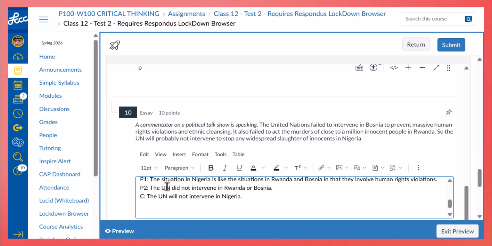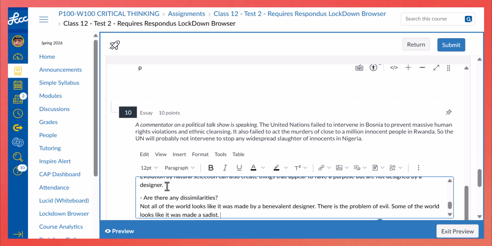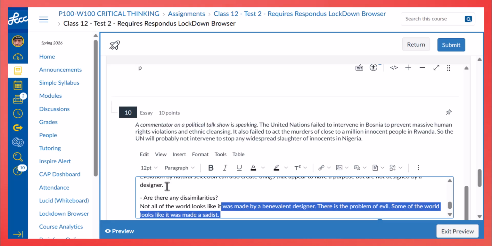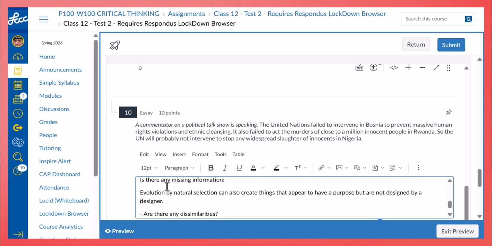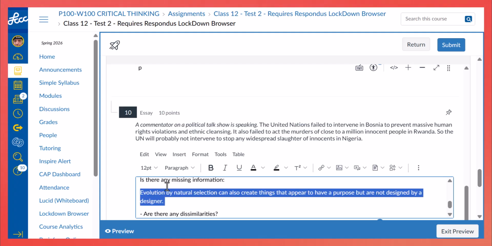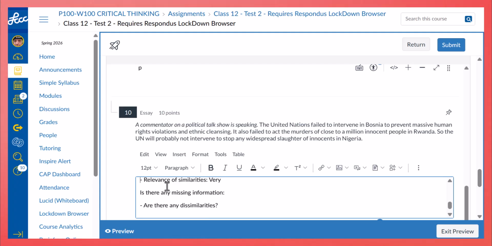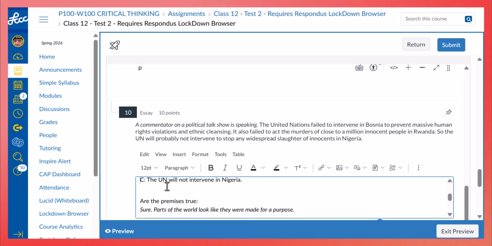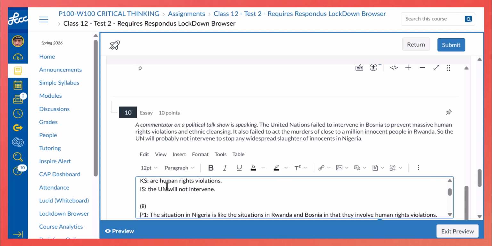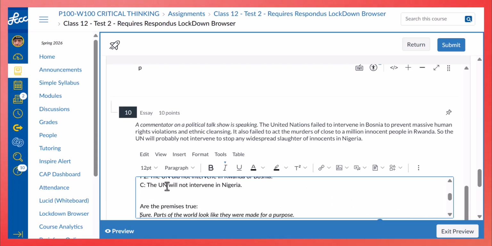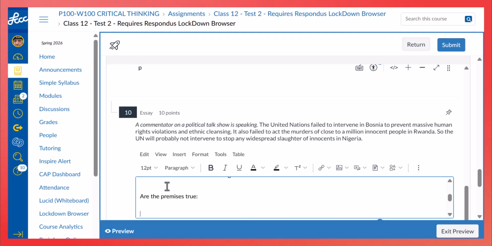All right, and now we are back to the evaluation, and I am copy pasting the questions. Are the premises true? Actually, I'm not sure.